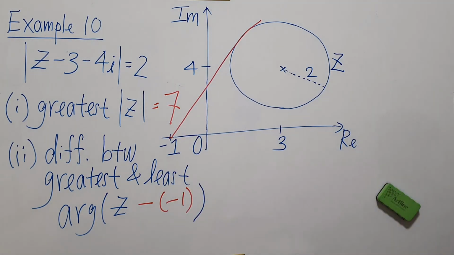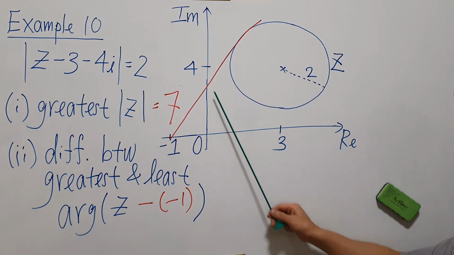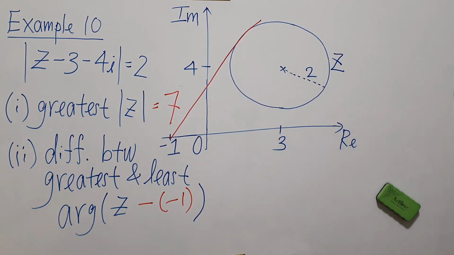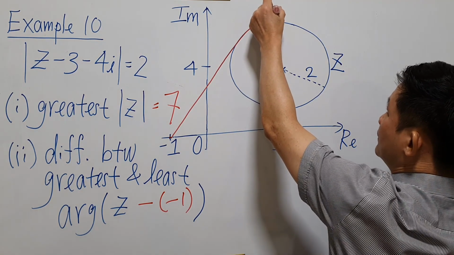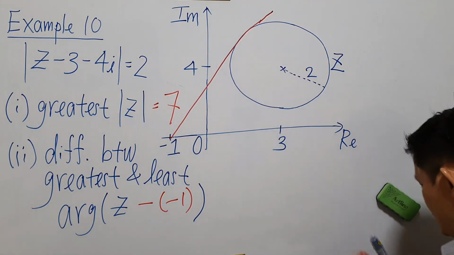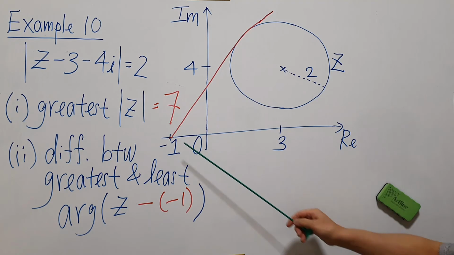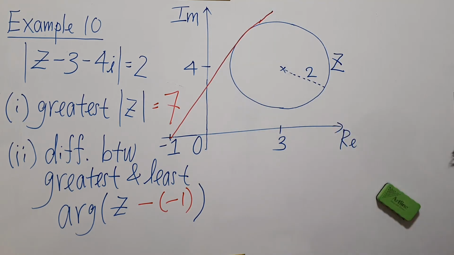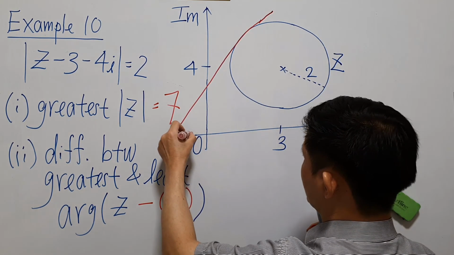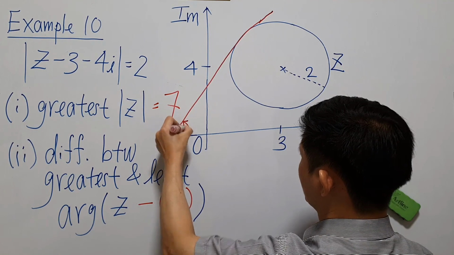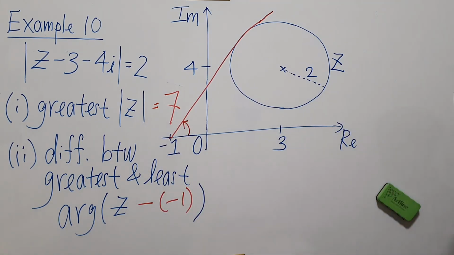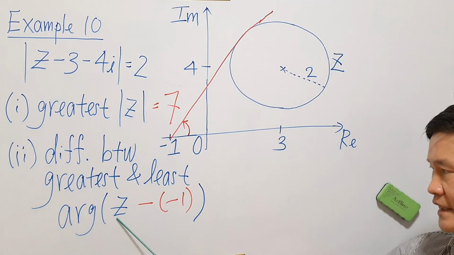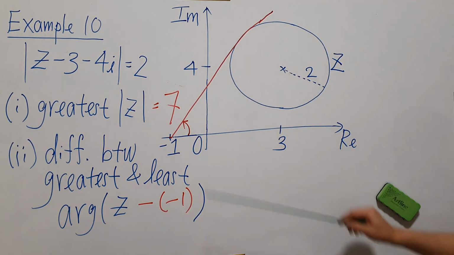This angle here gives you the maximum possible argument of this line, the angle that it makes. This one is the greatest argument you can make for minus 1 to z. This is one extreme. So that gives you the max.